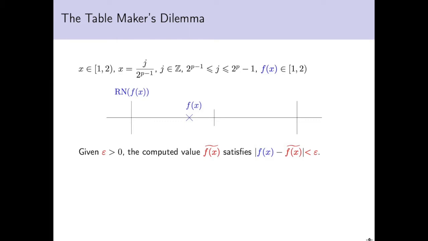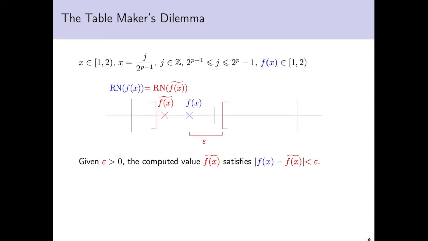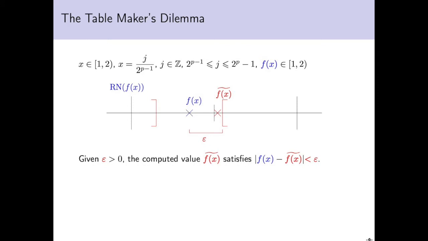Okay? So if epsilon has this value, we have this configuration. Imagine that my approximation is here. I round it, there's no problem. Now, assume that the value that I compute is here.